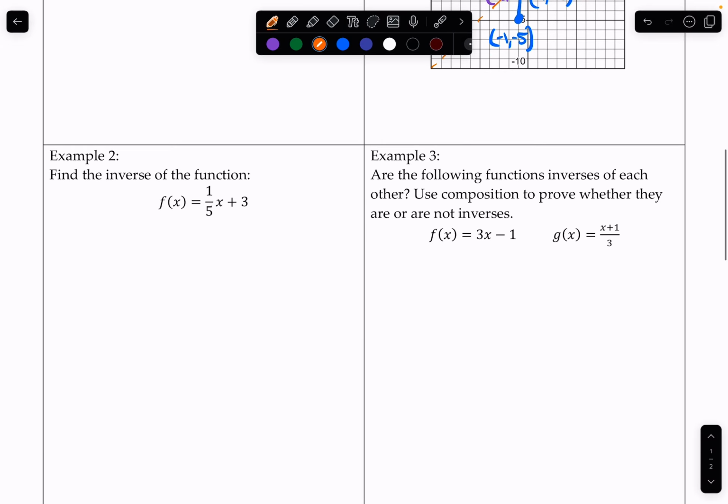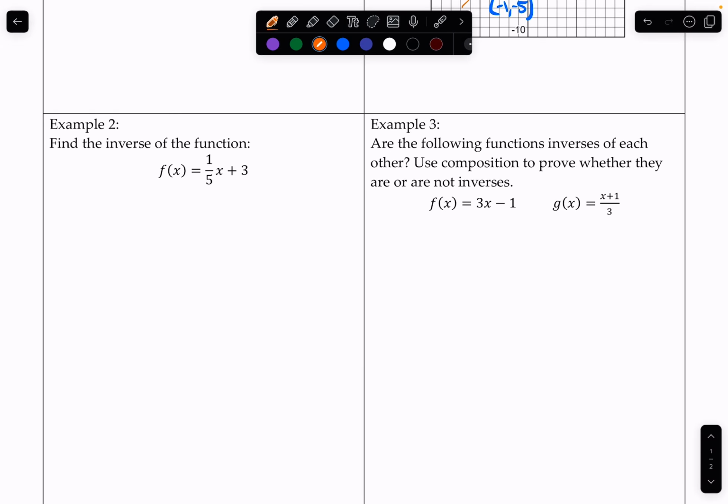Let's talk about finding the inverse in a function itself. So again, whenever we're finding an inverse, if you can remember that x and y trade places, you're going to be doing well. If I'm looking at this function, though, I don't see a y, but you might remember that f of x equals is pretty much the same thing as y equals. So I can rewrite this as y equals 1/5 x plus 3.